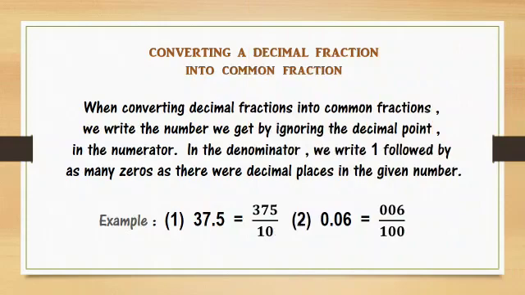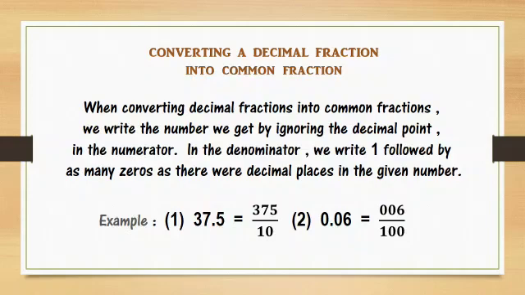Now, converting a decimal fraction into common fraction. When converting decimal fractions into common fractions, we write the number we get by ignoring the decimal point in the numerator. In denominator, we write 1 followed by as many zeros as there were decimal places in the given number. For example, 37.5.